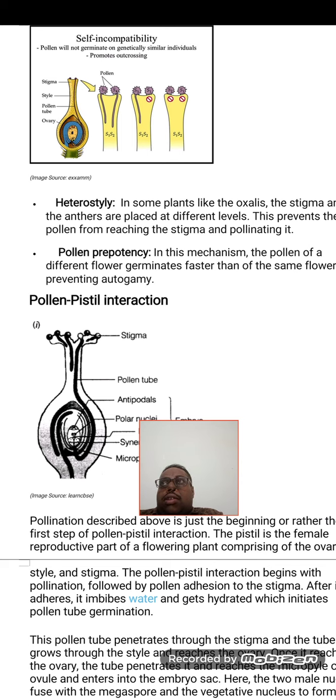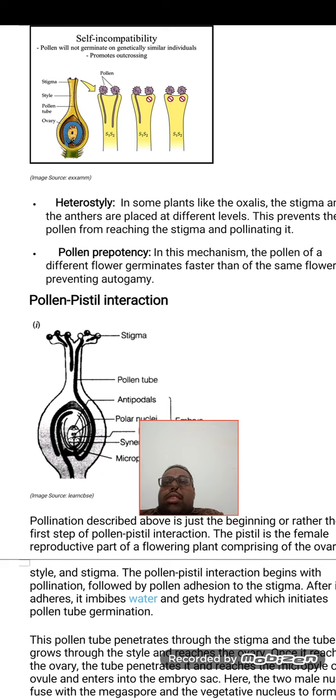If the stigma is dry, the pollen grain will never come and stick on it. And the pollen grains also should not be dry. If the pollen grain is dry, then the dehiscence of the pollen grains and the growth of the pollen tube will be very difficult. So these conditions have to be maintained before the growth of the pollen tube.